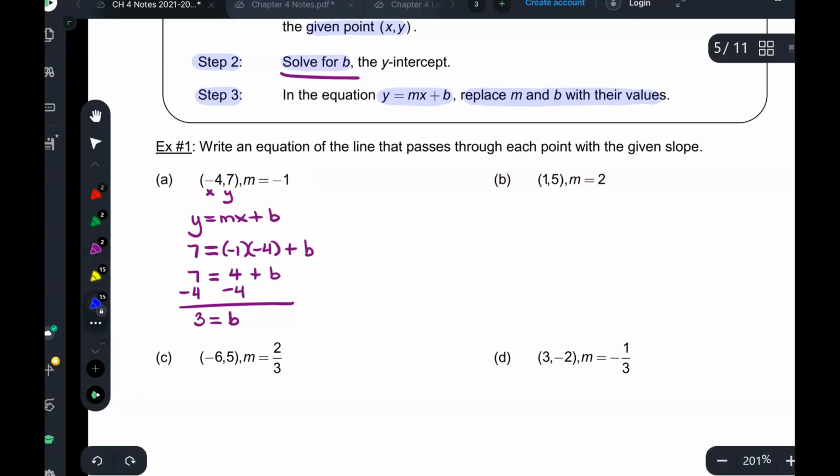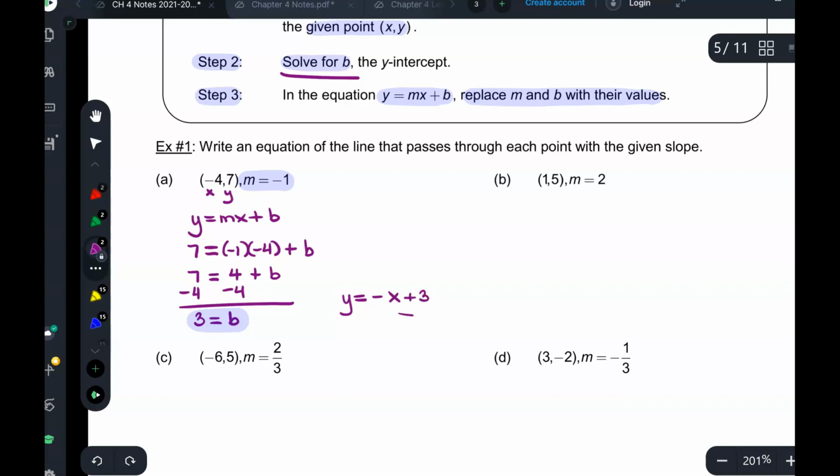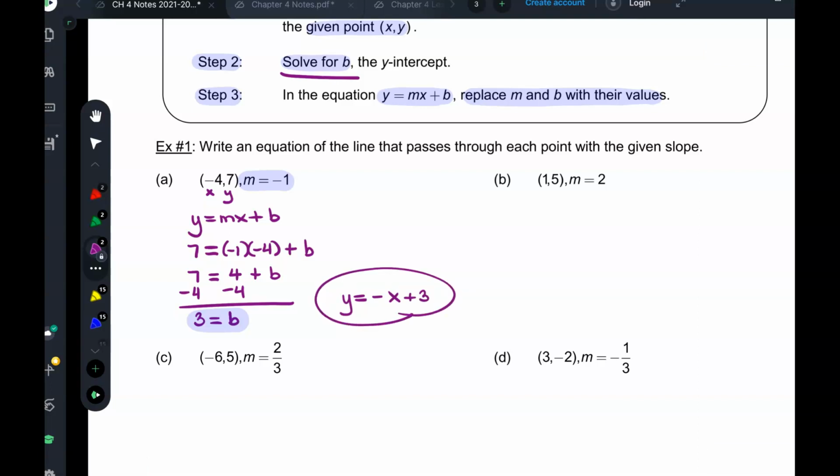We want to go back to what was m, what was b, and write the equation. So I'm going to keep y there, so it's going to be y equals m was negative 1, x plus b, which we found was 3. Now, if you put negative 1 instead of negative x, that would be fine as well.